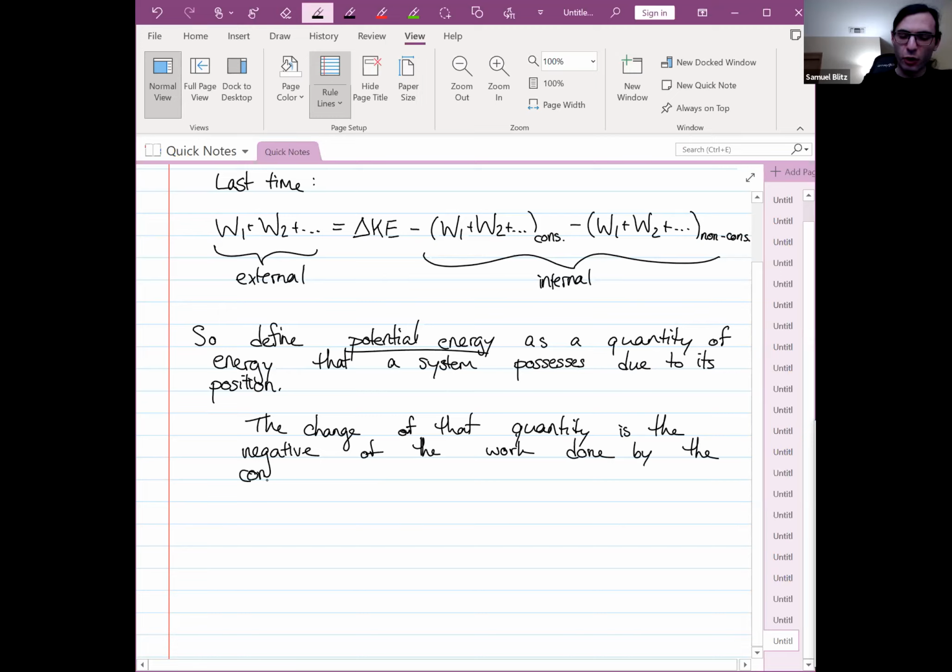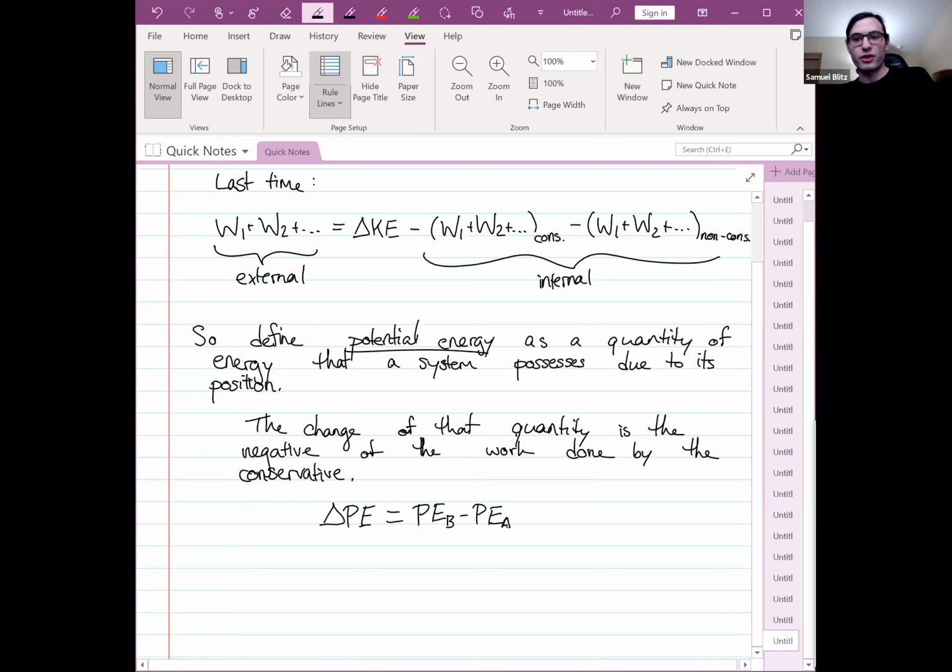If you have a conservative force, the work that it does only depends on the position. And so it makes sense that depending on the position that an object is in, when it goes from position A to position B, its energy will change in a predictable way. So we're taking this term and calling it potential energy. We can write that the change in potential energy is defined to be the potential energy at B minus the potential energy at A. But we know how much that should change by.